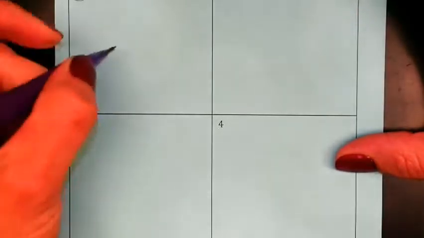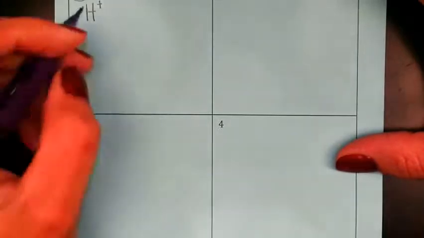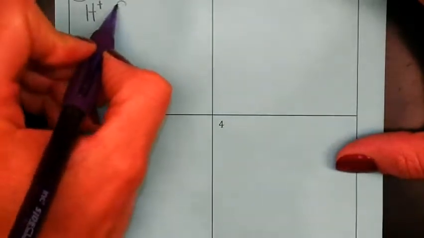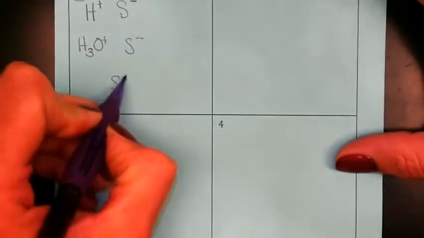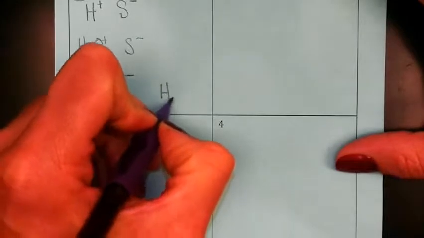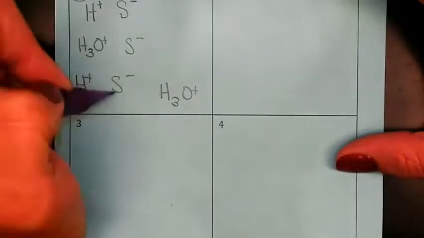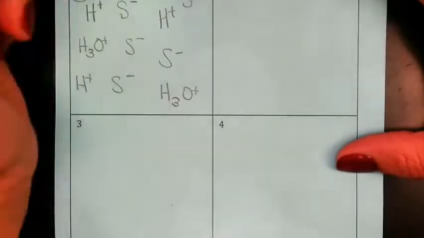So if it's strong and concentrated, we're going to have a lot of hydronium ions, which you can write as H+, or if you prefer H3O+, either one is perfectly acceptable. And then the rest of the acid is going to have a negative charge. So however you'd like to write the hydronium ion, either one is perfectly acceptable. For every hydronium ion or hydrogen you show, make sure you do have the S-.